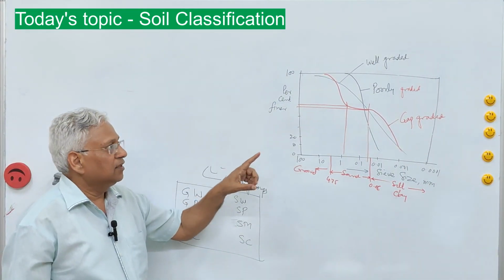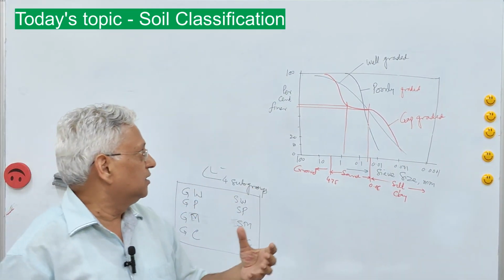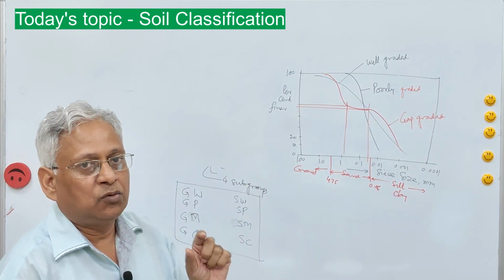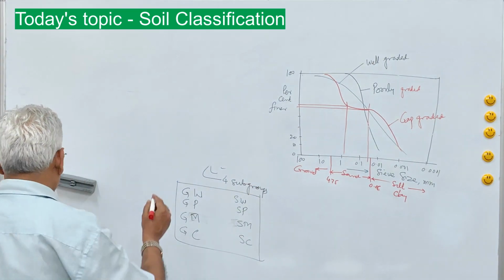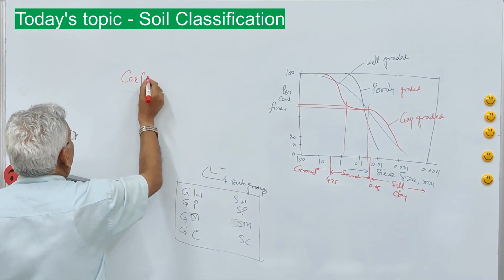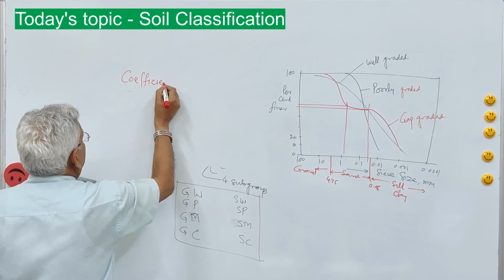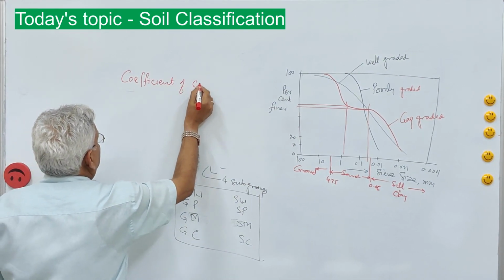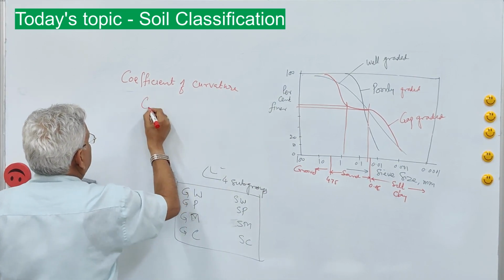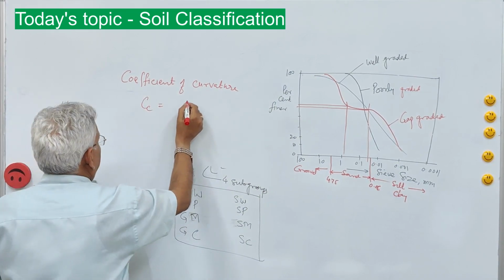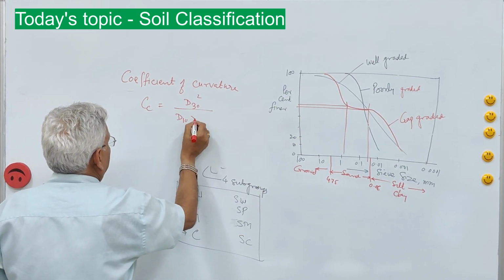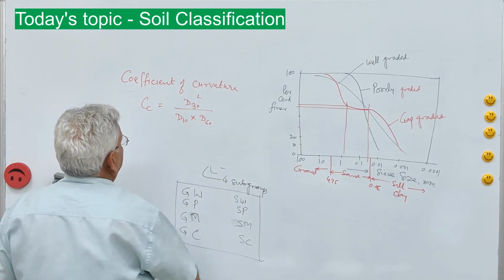Now to define whether a material is gap graded, poorly graded or well graded, two shape parameters or two shape factors are important. One is coefficient of curvature, CC. CC is given by D30 square upon D10 multiplied by D60.